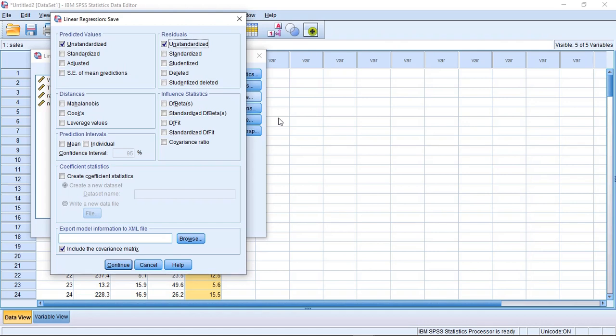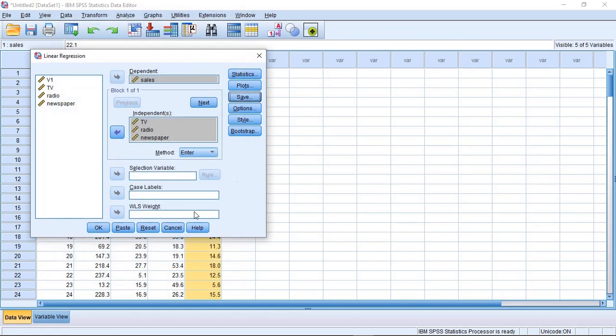You will see from the original data, there are going to be two more additional columns produced. We are going to have the predicted values and the residuals. Residuals are the difference between the original sales and the predicted sales, the y-hat. Then you can leave the other ones, tick, then say continue.